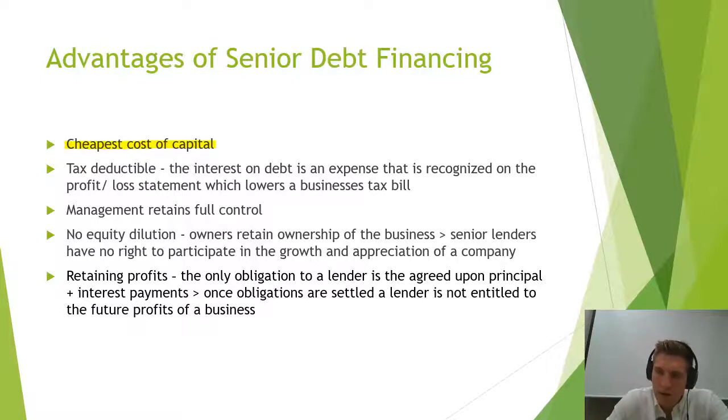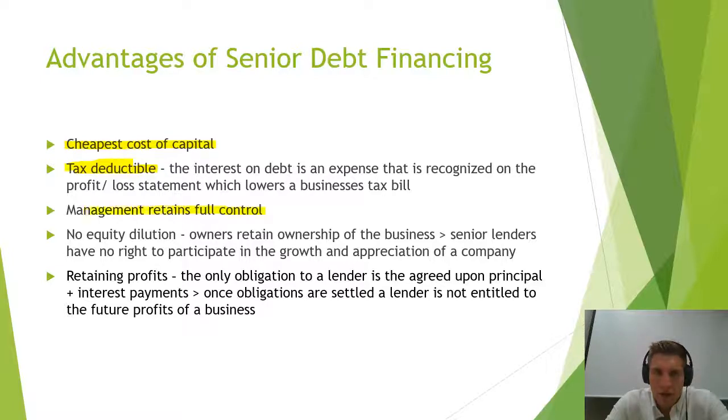So in comparison to the two other financing options, senior debt is the cheapest. Secondly, senior debt is tax deductible. So the interest on debt is an expense that is recognized in a company's profit and loss statement. And as a result, at year end, a company will pay less tax. So senior debt acts as a tax shield.